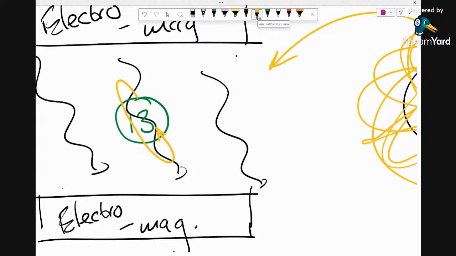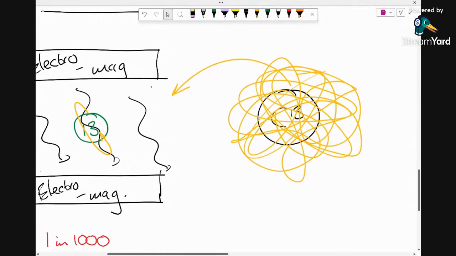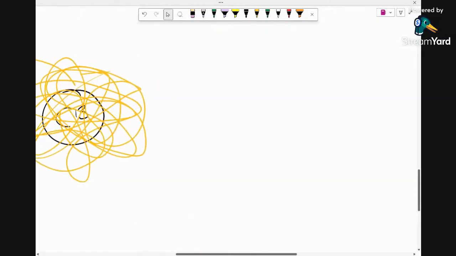Now, I can talk about the high-low energy states in terms of resonance, but you don't really need to know much about it. For those students who are looking to apply for universities to do chemistry, and you might have an interview with a university for a subject like chemistry, what I will tell you is that NMR is a very common interview question.